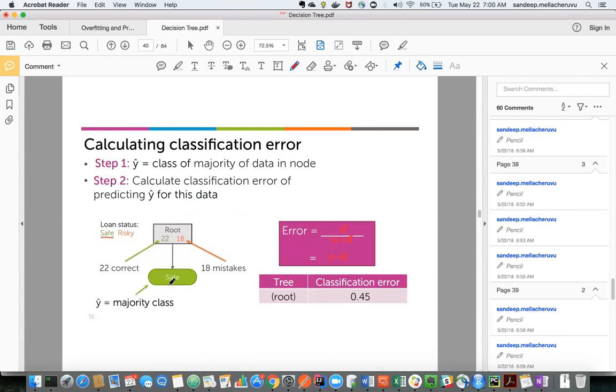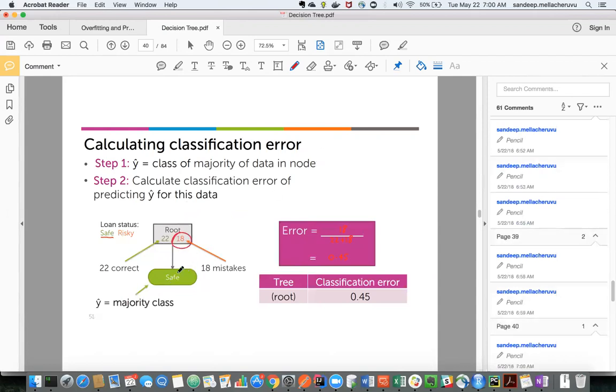So we make 18 mistakes, because we are predicting the majority class. Our error will be 18 by 22 plus 18, which is 40. So this is our classification error before we even started a decision tree model, which is around 0.45.